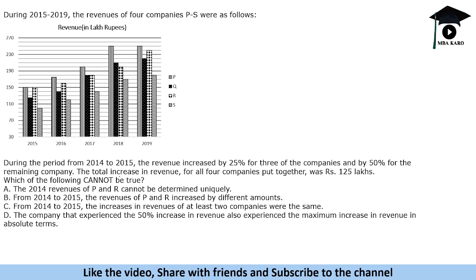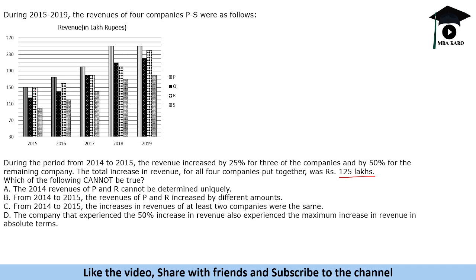Okay, so in 2014 there was some revenue, and 3 companies increased by 25%, and the 4th company increased by 50%, and then the total increase was 125 lakhs. Okay, so which of the following cannot be true? So we'll have to think about what the possible revenues could be.